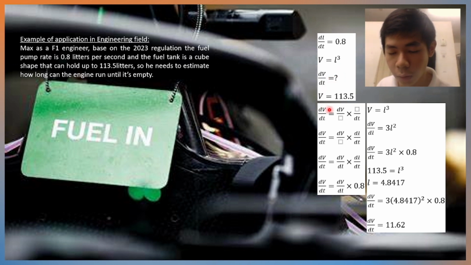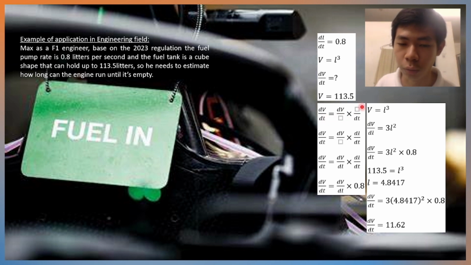Now we are going to find what dV per dt equals. As you can see here, if we separate it into two fractions, we can multiply the denominator and numerator to fill it out, because if we combine it, we can just cancel these two out if these two are the same.